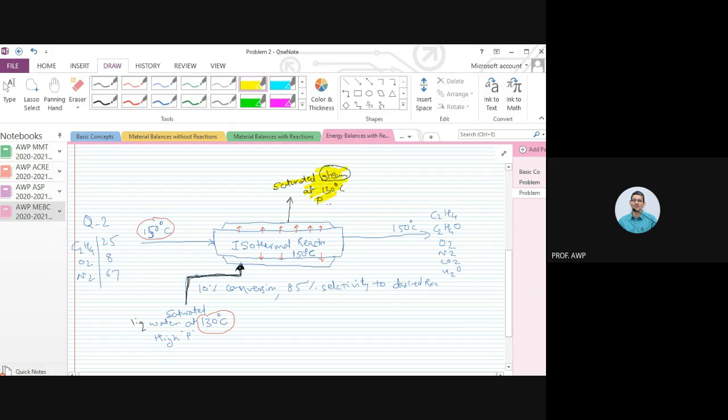Why do you think I want to get saturated steam at high temperature rather than allowing this temperature to go up from 130 to 140, 150? Why am I more interested in generating steam rather than heating liquid water?